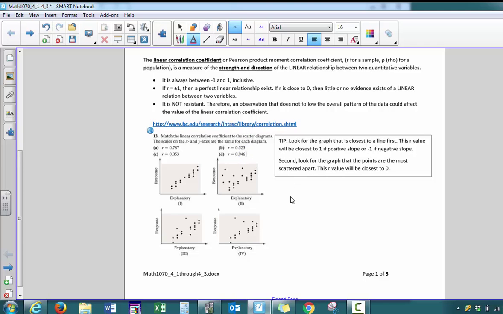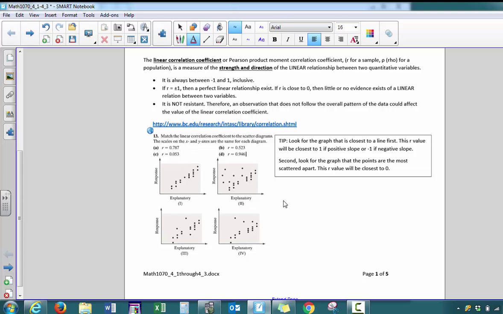The next thing you want to do is find the graph that is completely different from a line. It looks nothing like a line. So the graph that's closest will be number 2, so this r value is going to be closest to 0.